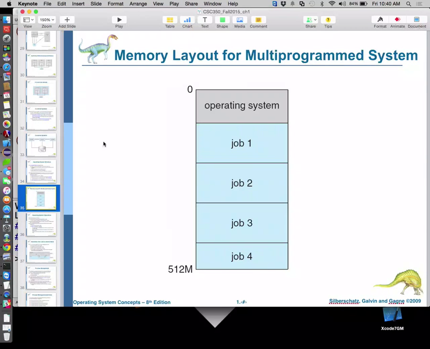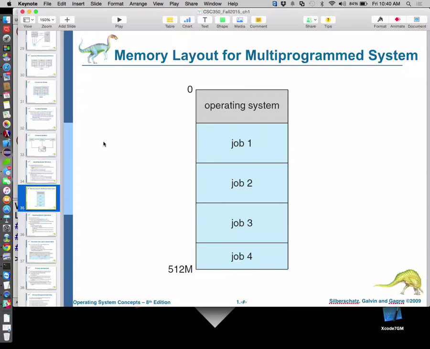And once they get CPU time, the CPU is going to be trying to get stuff from memory. So how do we actually organize memory in such a way that our CPU can efficiently get stuff related to the programs that are in memory?